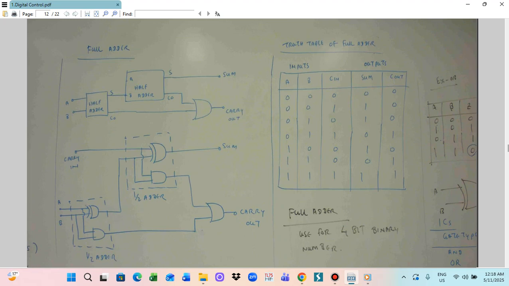We can also draw the physical diagram. Physical diagram means that this is a half adder. This is the XOR and AND gate combination. This is the XOR and AND gate combination. The two things have to be combined. So now I give you the circuit. This is the XOR, and this is the AND gate combination.